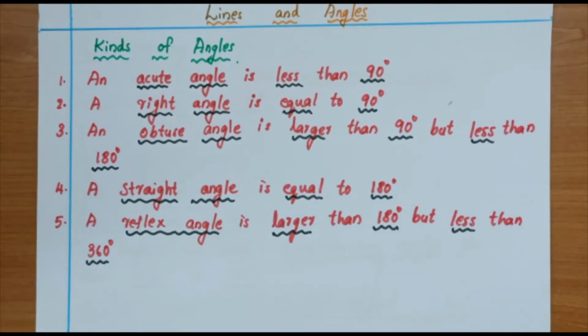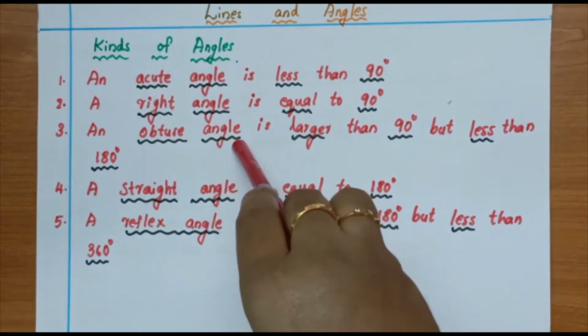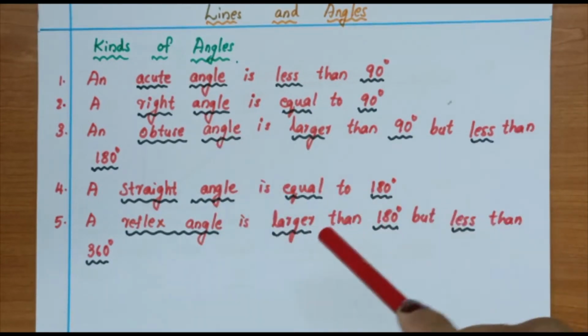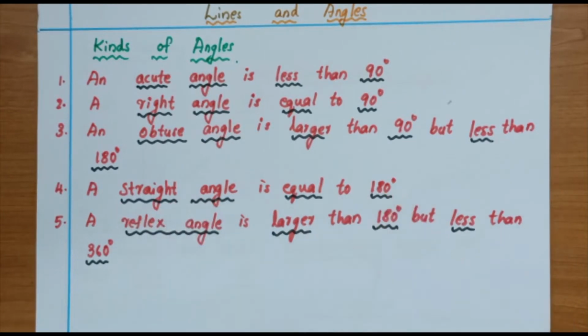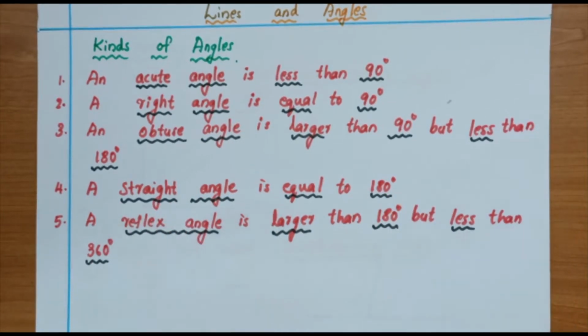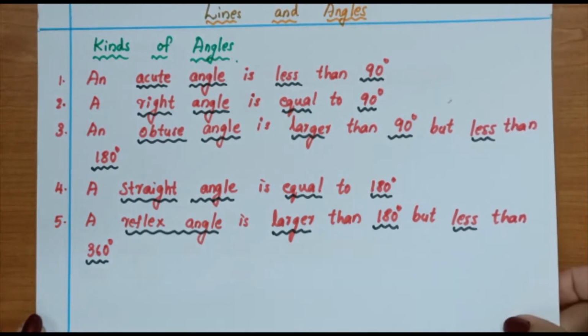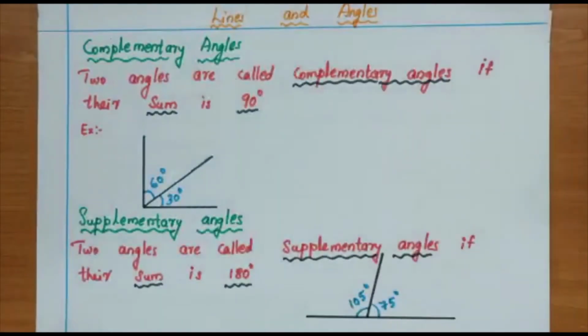These are the main kinds of angles. So, acute angle less than 90 degrees, right angle equal to 90 degrees, obtuse angle more than 90 degrees but less than 180 degrees, straight angle equal to 180 degrees, reflex angle more than 180 degrees but less than 360 degrees.